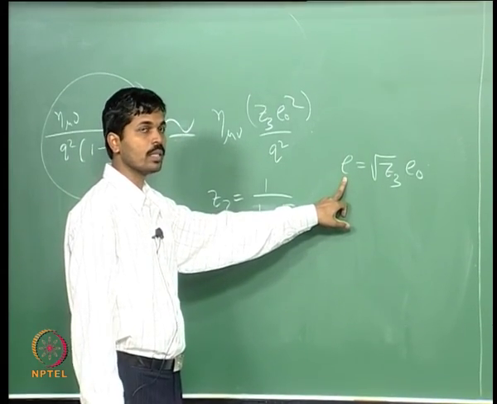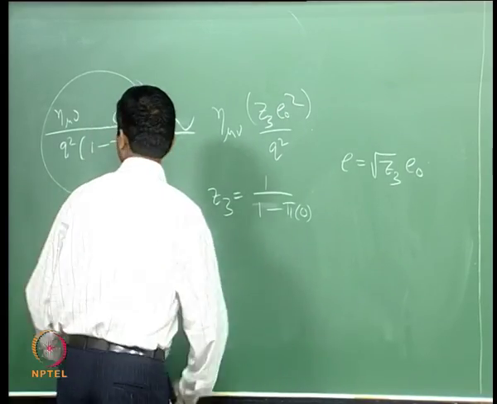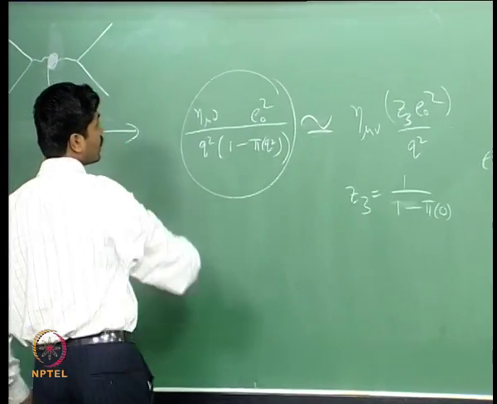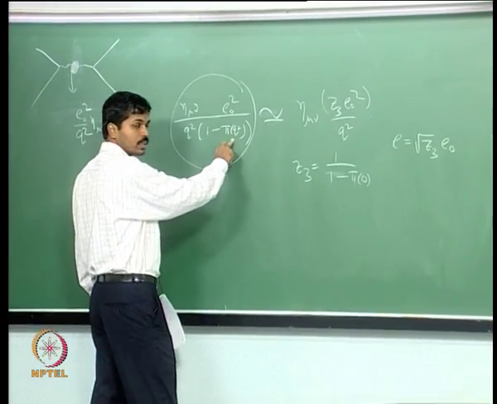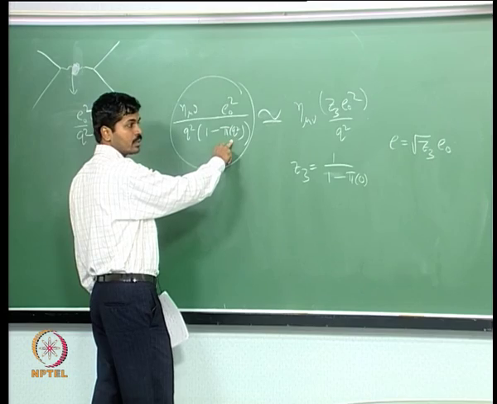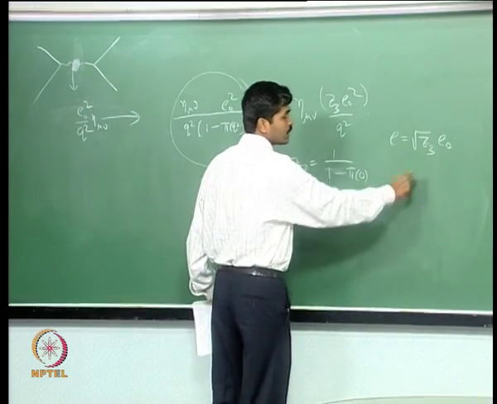Any physical process sees only the physical charge of the electron, and all these quantum corrections are encoded in this term pi of q squared, or in the term Z3 here.